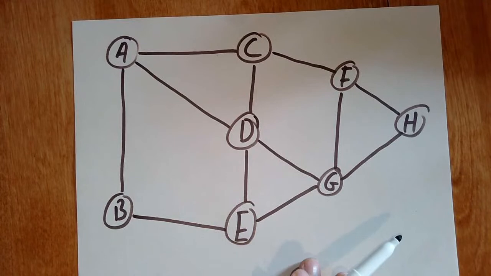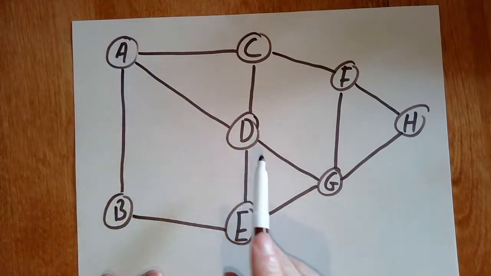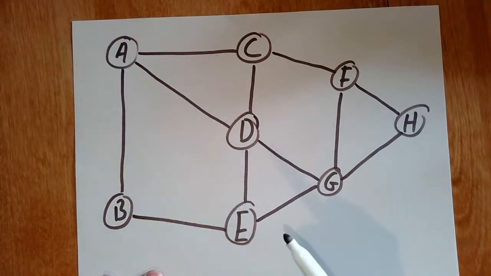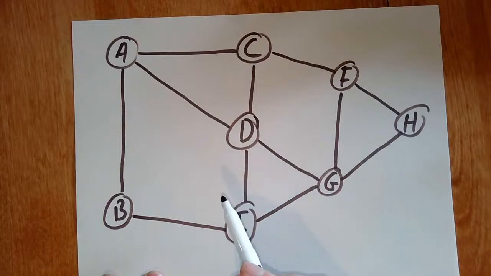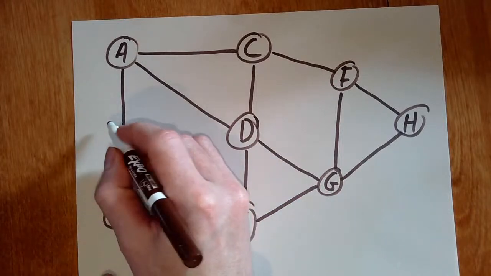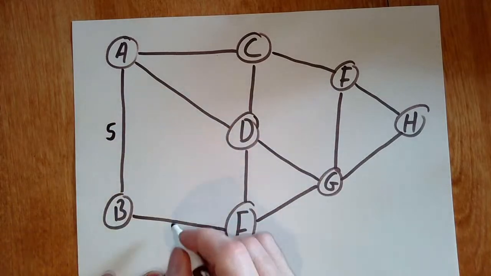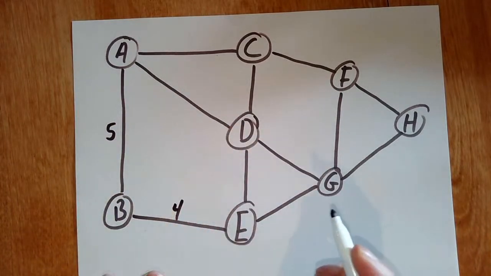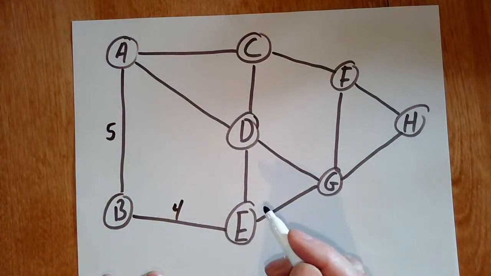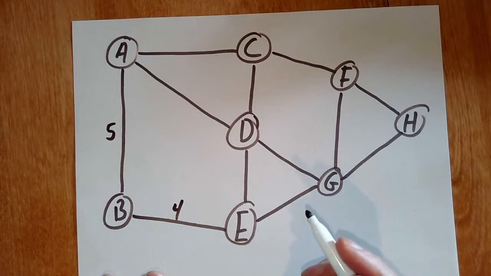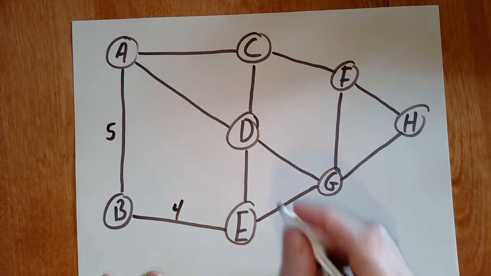So one of the things we want to consider is the actual cost of these vertices. And cost can mean any number of things. It could literally be a distance, but more often it's meant to represent something like time or financial cost, something to that effect.